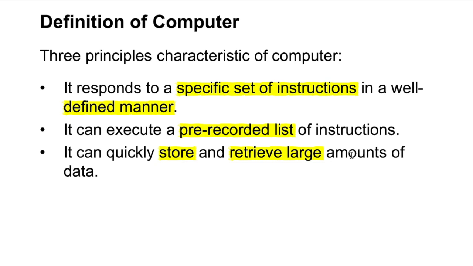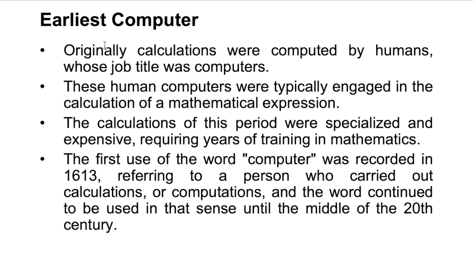They have a lot of memory, and now we are storing data in 1 terabyte, 2 terabytes. The storage capacity of storage devices keeps increasing as we move toward modernity.